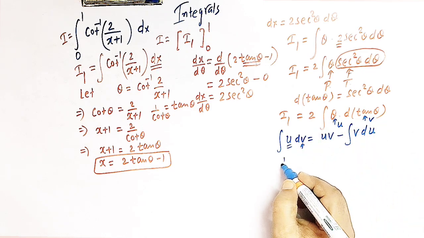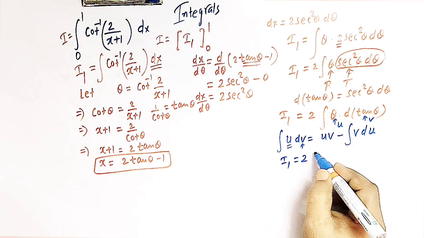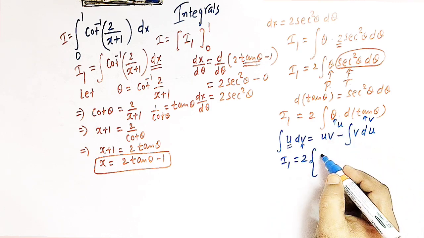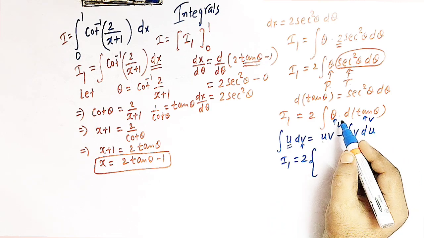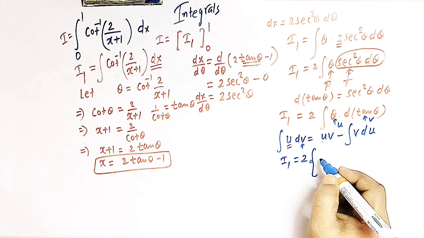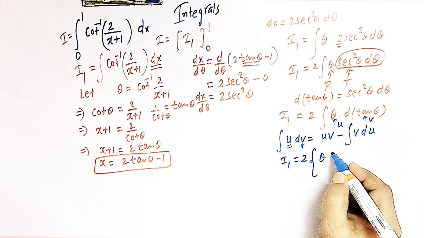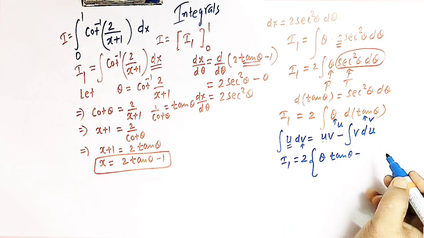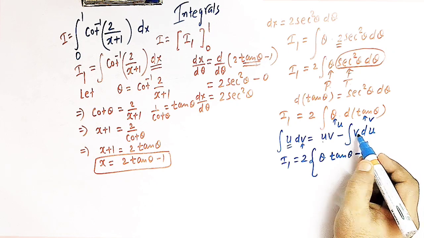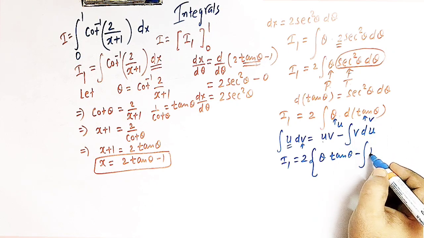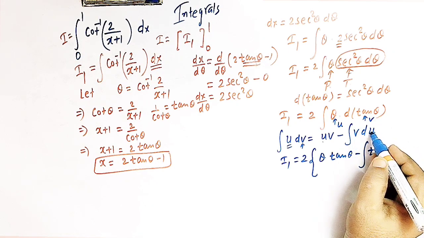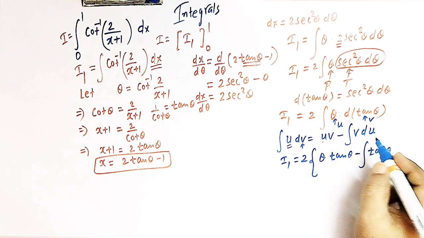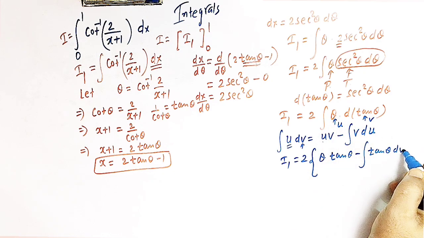So here we can take theta as u and v as tangent of theta. Now I1 can be written as 2 times uv, so u is theta and v is tan theta, minus the integral of v du. Now v is tan theta and du is d theta.